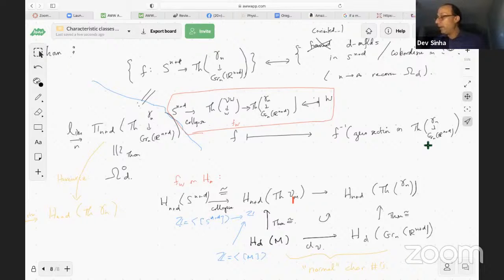In fact, there's so much more to say here. Bordism theories are generalized homology theories. They're represented by objects called spectra. These Omega stars are all homotopy groups of these spectra.